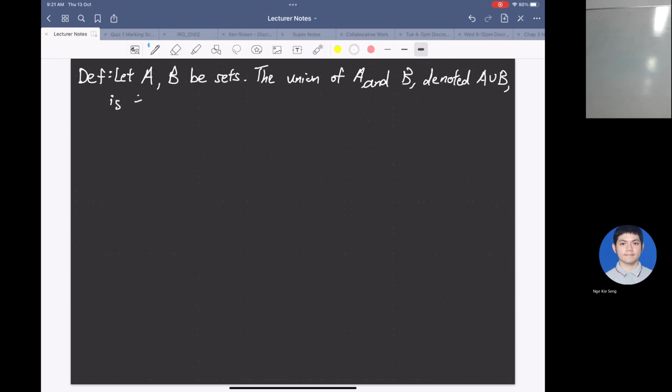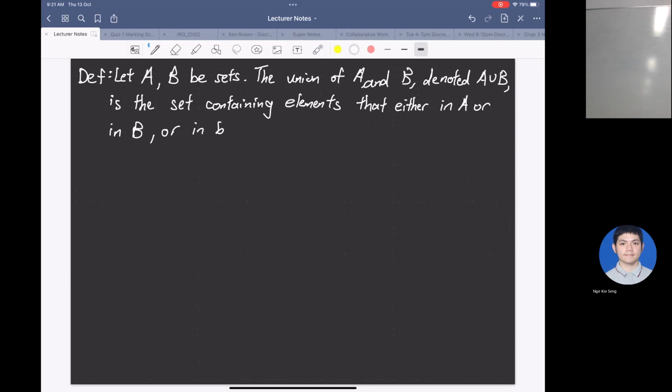It is another set containing elements that are either in A or in B or in both. In set notation, A union B is {x such that x is in A or x is in B}.